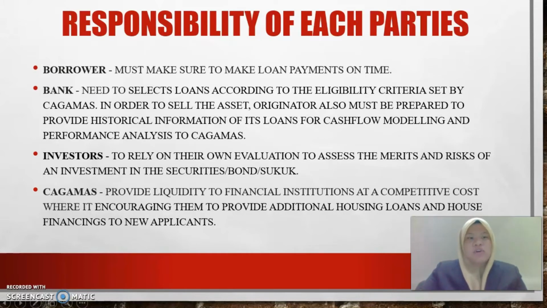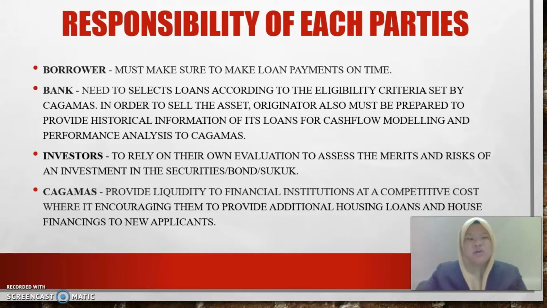And then for the responsibility of each party for Cagamas, the borrower must make sure to make loan payments on time. The bank needs to select loans according to the eligibility criteria set by Cagamas. In order to sell the asset, the originator or bank must also be prepared to provide historical information of its loan for cash flow modeling and performance analysis to Cagamas.